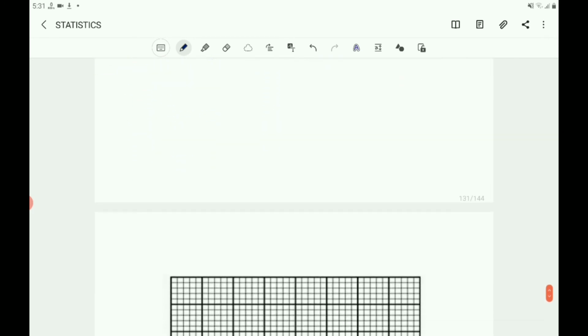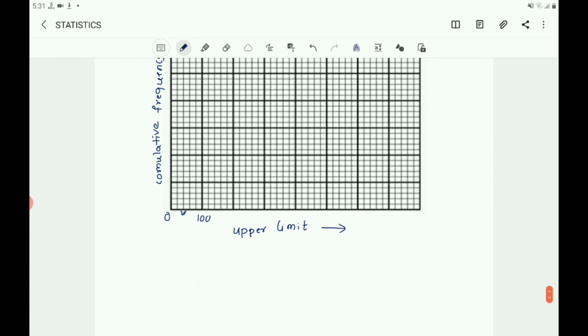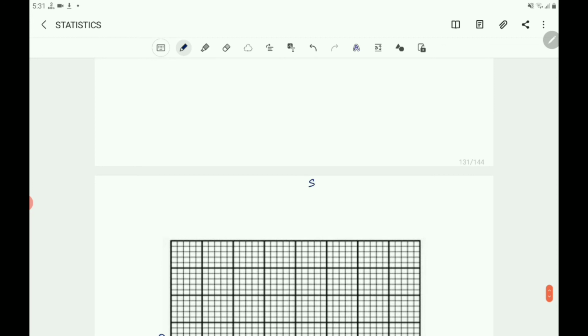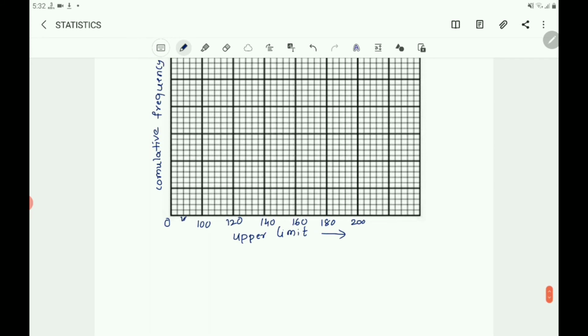You take 120, then less than 140, less than 160, less than 180, less than 200. If you want to take a scale, on the x-axis 1 unit equals 20.